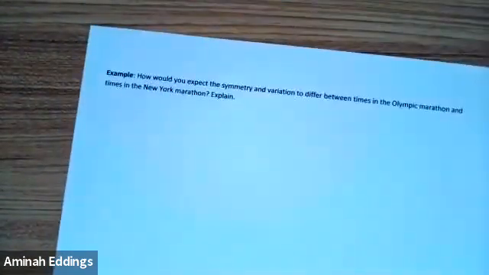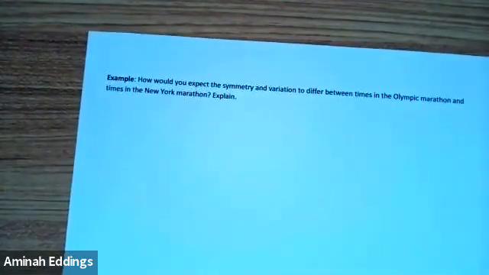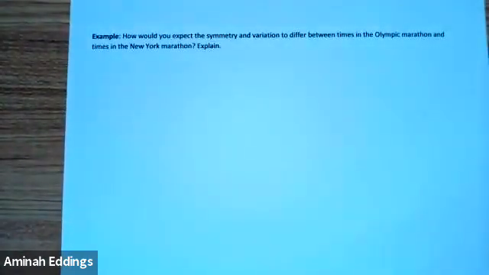All right, last example. How would you expect the symmetry and variation to differ between times in the Olympic marathon and times in the New York marathon? Let's explain. So we're still talking about variation.